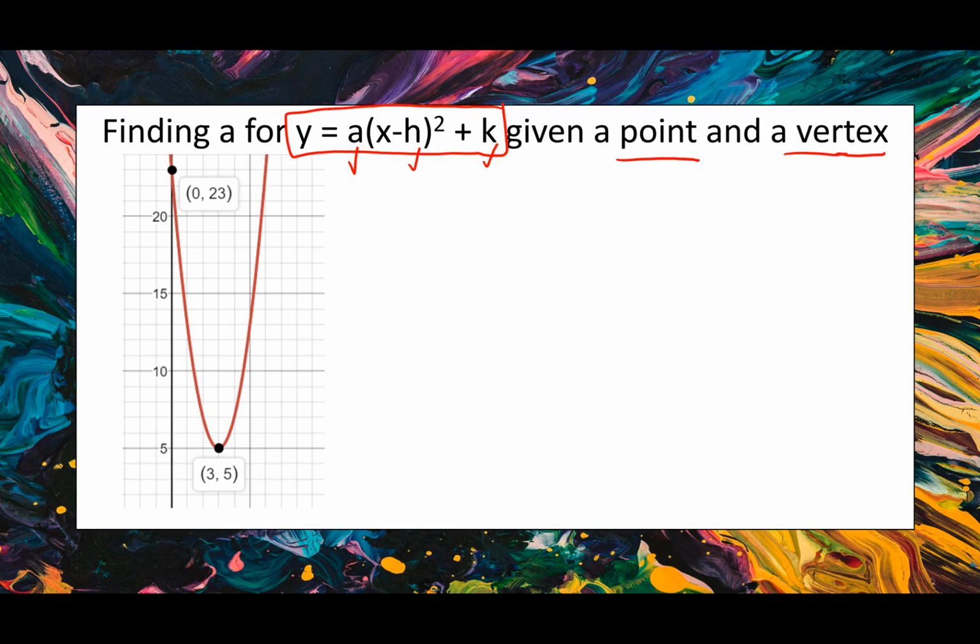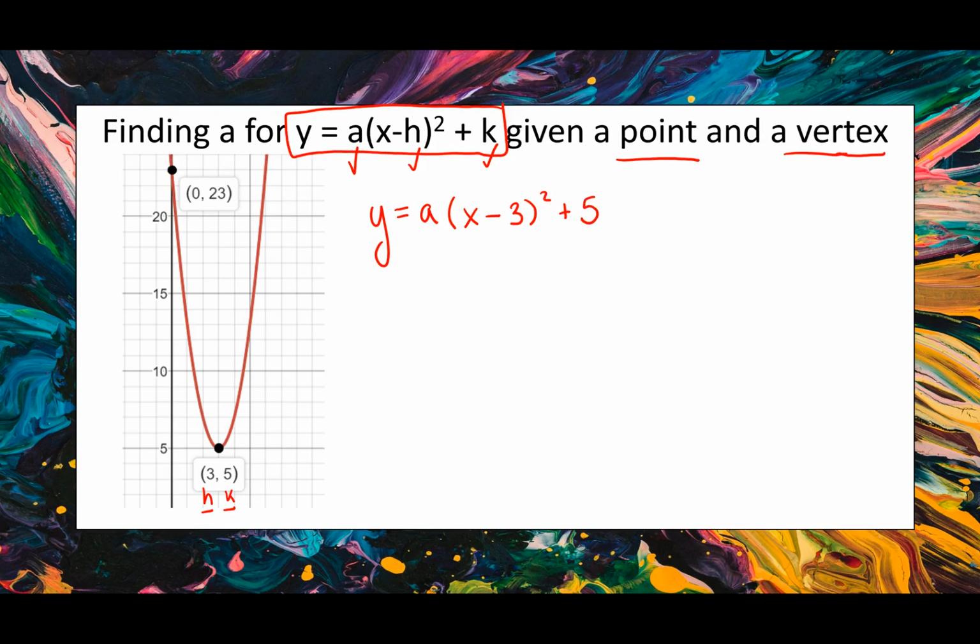Well, our first step is going to be to identify the vertex and put it into vertex form. So remember, this is our H and this is our K. So what we have so far is y equals A, x minus, well, our H is 3, and then our K, so we've got plus 5.